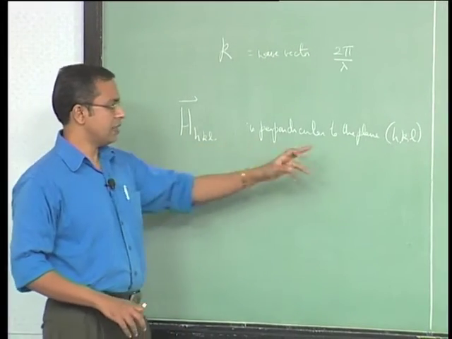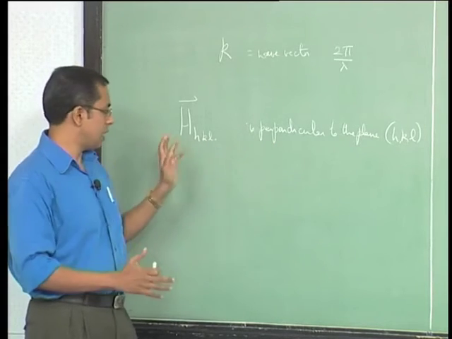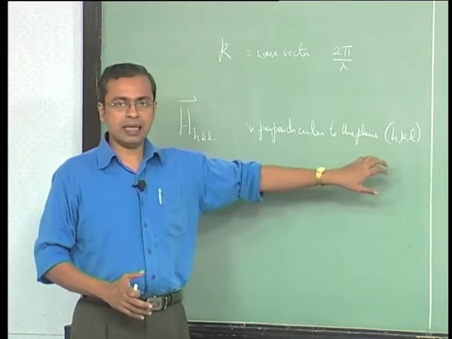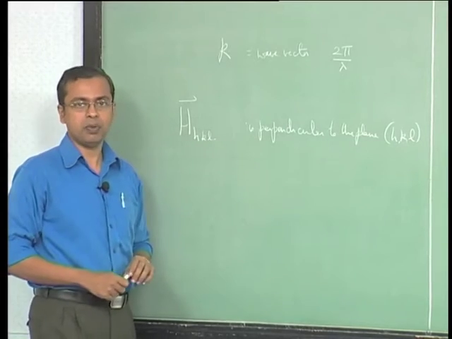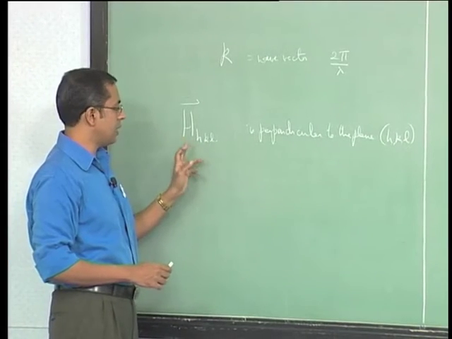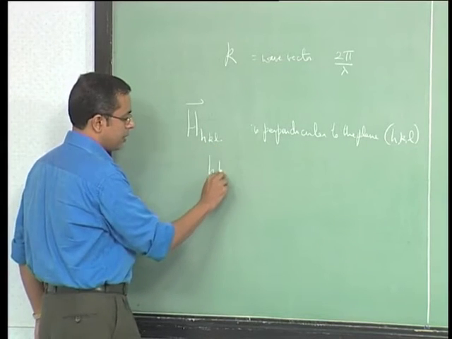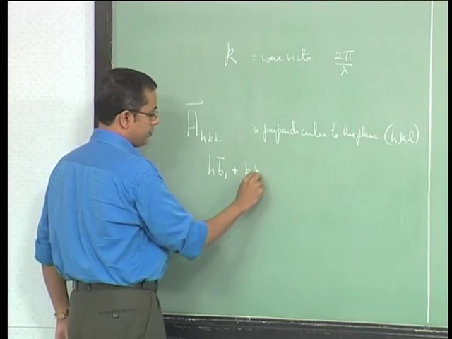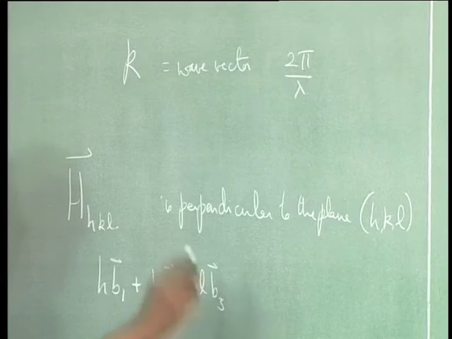And since the reciprocal lattice vectors have been defined with respect to the real lattice vectors in a specific manner, that is why we end up finding that this relationship holds true, that the reciprocal lattice vector H_HKL is H b1 plus K b2 plus L b3. Okay.